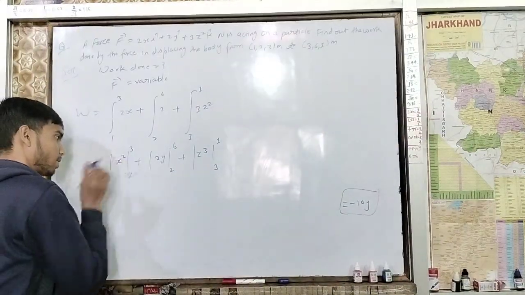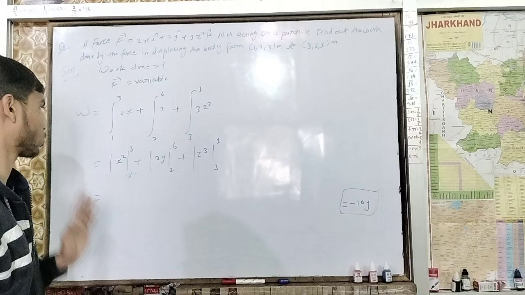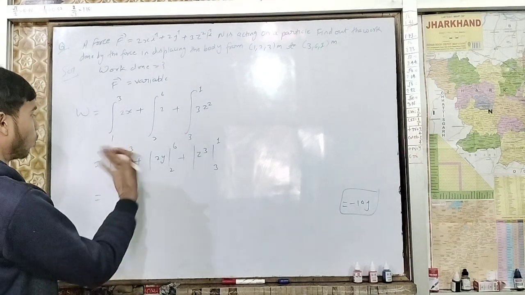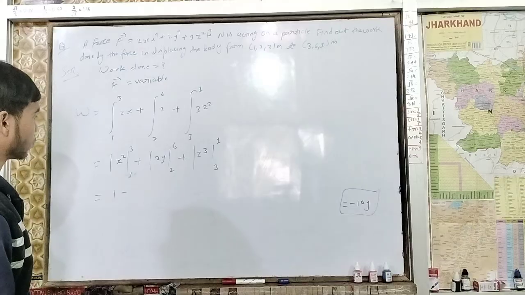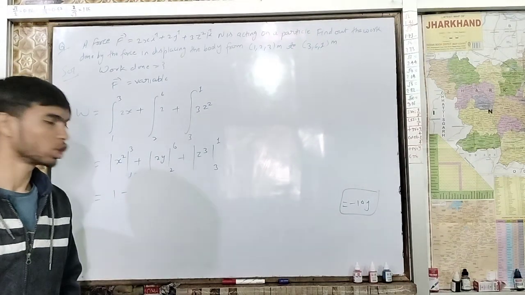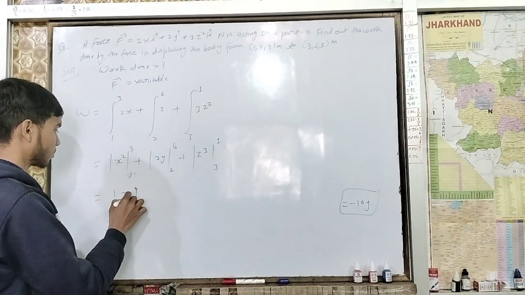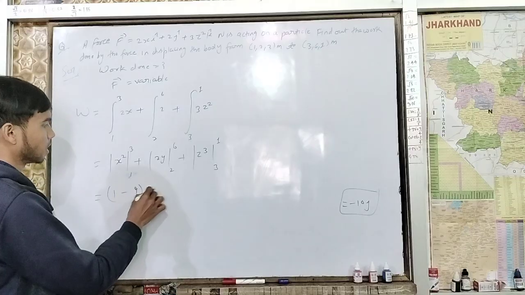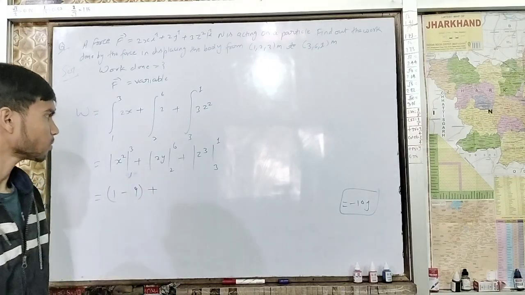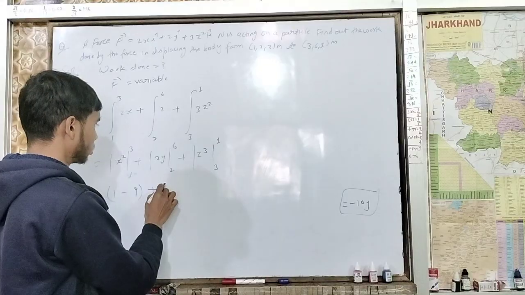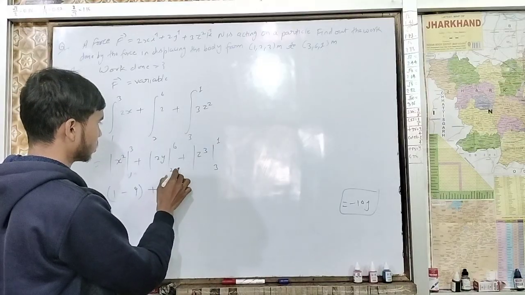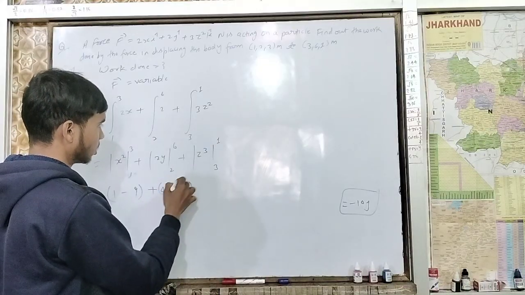Now first put 1 in the place of x. So 1 minus 3 squared is 9, plus 2 times 2 is 4, minus 6 times 2 is 12.